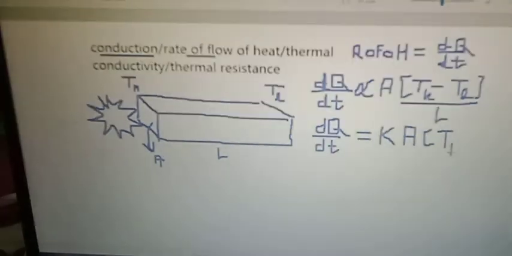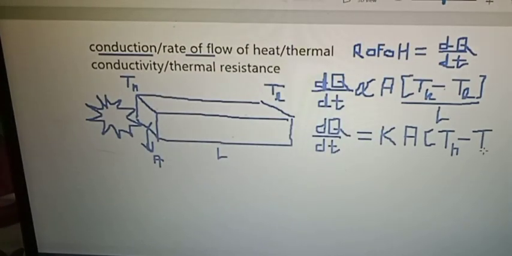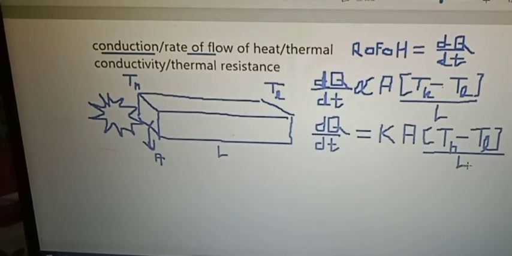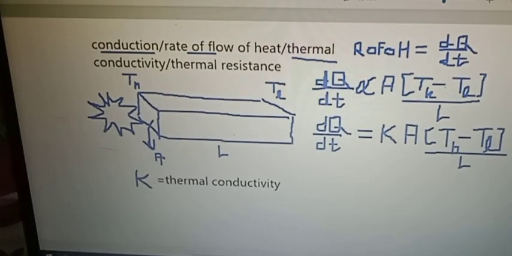So after removing the proportionality sign, we have a constant K, it is capital K, and it is not just any constant, it has a specific nature, it has a specific title, and it is called thermal conductivity.